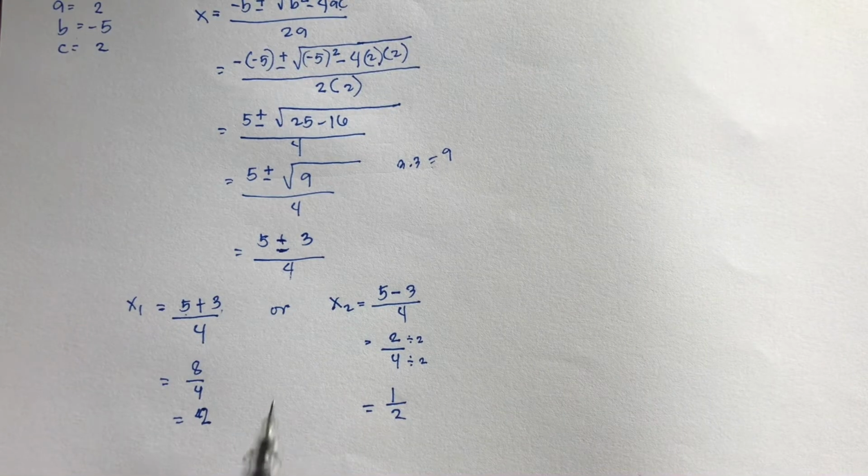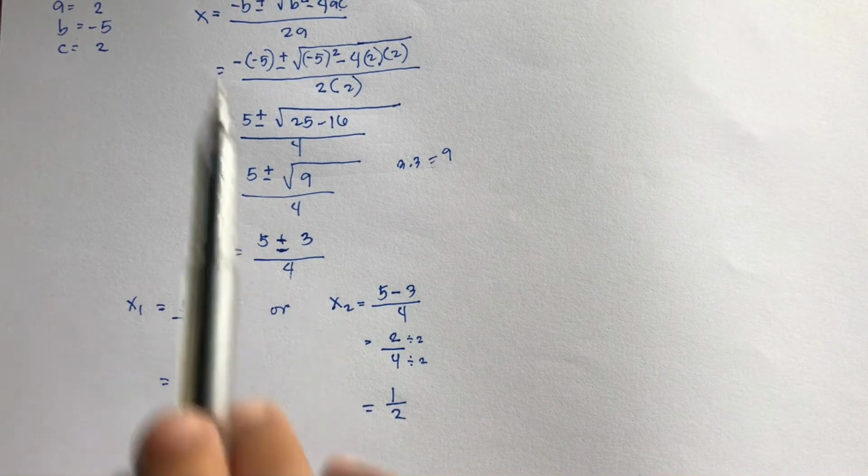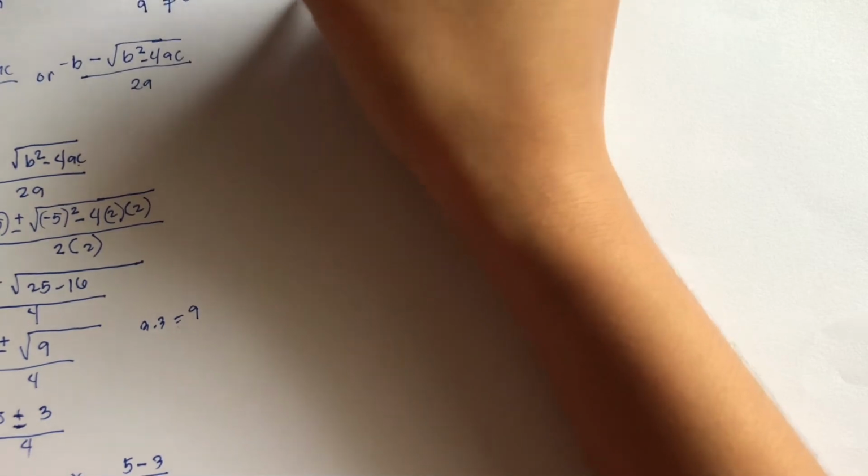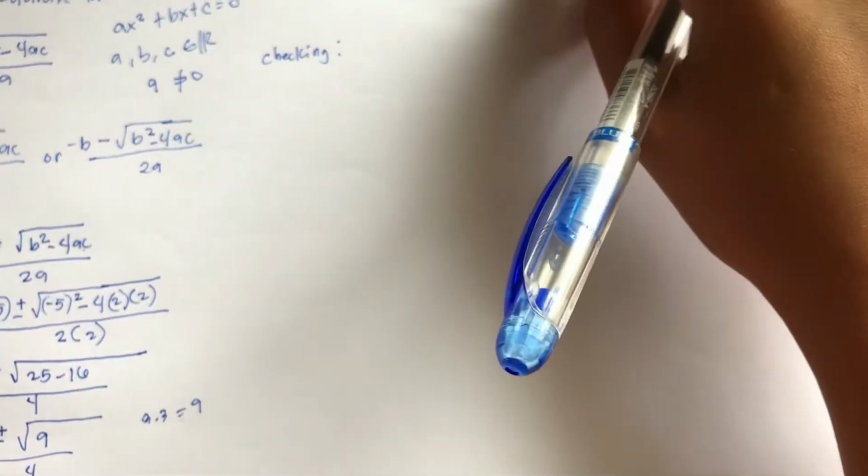Now, again, it's just substitution. We use these values of x and substitute them into the original quadratic equation. So, let's check. Checking. Okay.